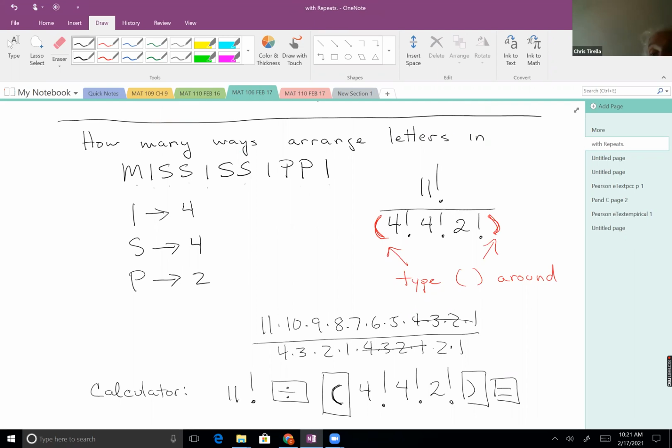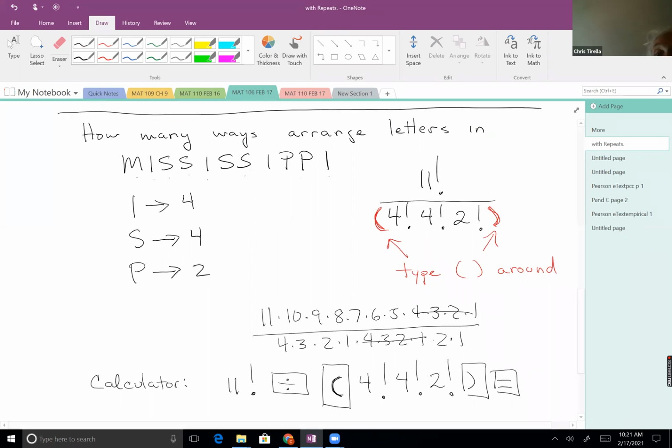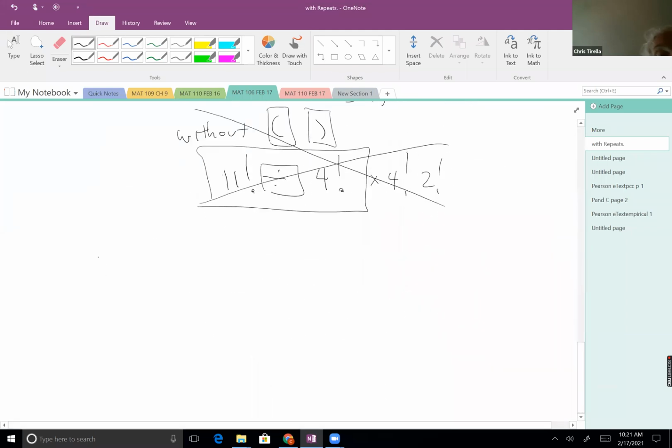So let's look at another example. Let's say I have 8 beads. In my 8 beads, there are 2 red, there are 2 white, there are 4 blue. How many different ways can I string them?